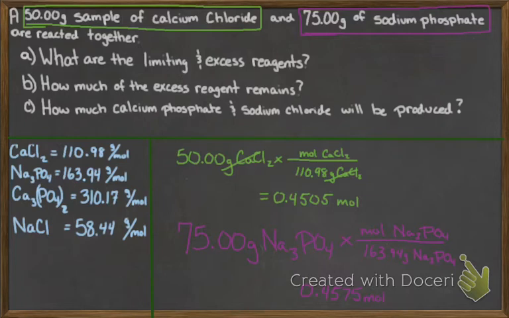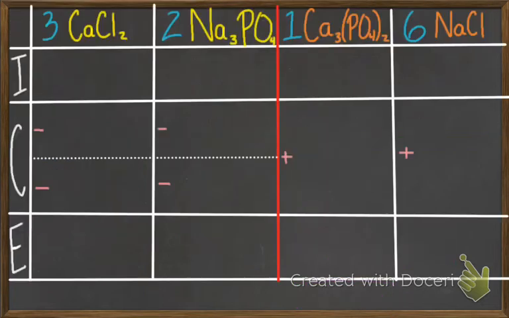Now, similar to when we worked our ice tables before, we're going to put these two values in our ice table. But unlike last time where we had one that we did not know, in this case we know our starting points for both.